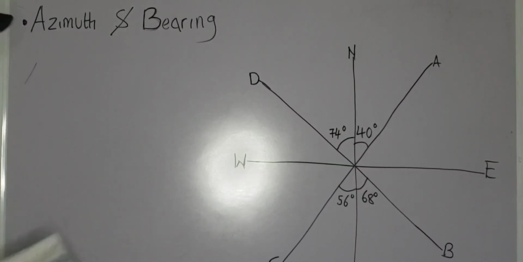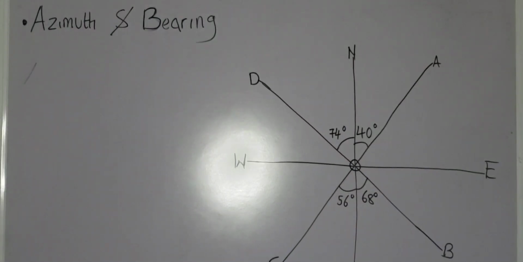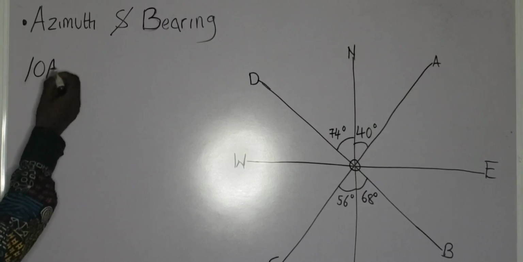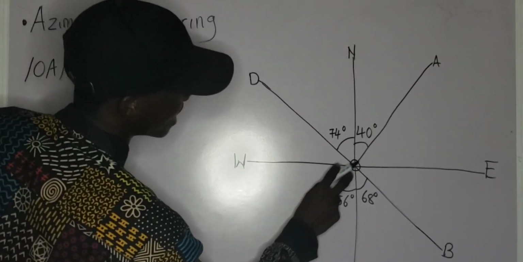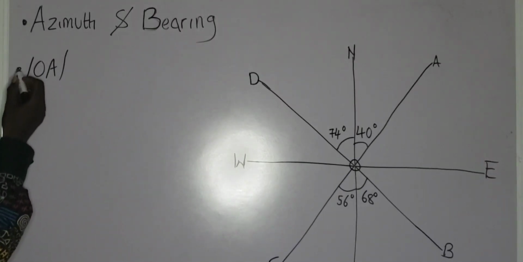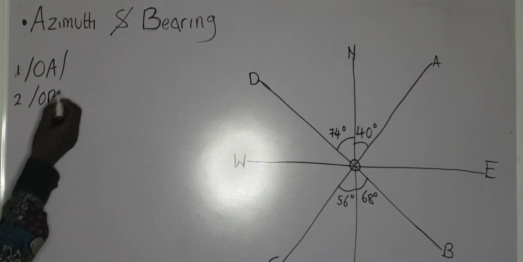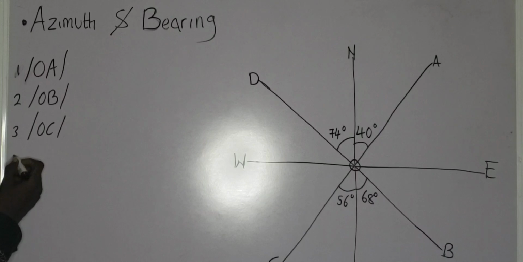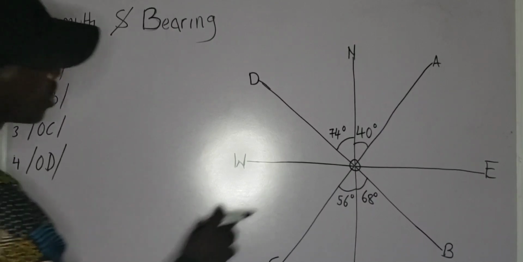Okay, so now let's say this point is point O. Now we are told to find the azimuth of line OA. Don't forget that we have line OA, line OB, line OC, and line OD. We want to find the azimuth of these lines.